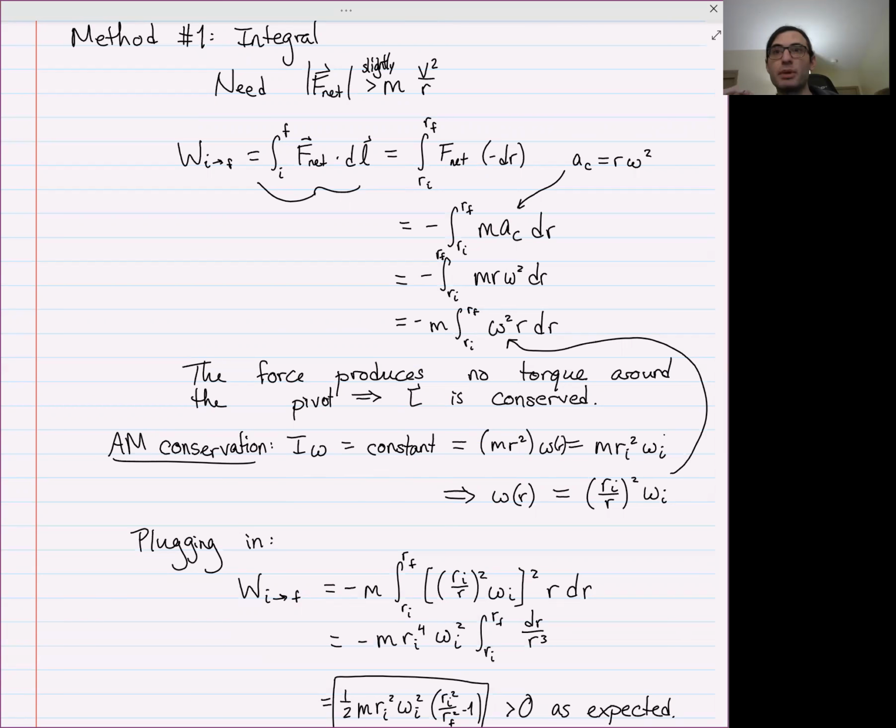And then I noted that because it's constant, that combination of terms has to be equal to the same combination of terms in the initial state, when the distance was Ri and the angular velocity was omega I. Then I just set them equal because they're both the same number, they're both constant, and solved for omega of R. Hopefully that makes sense.